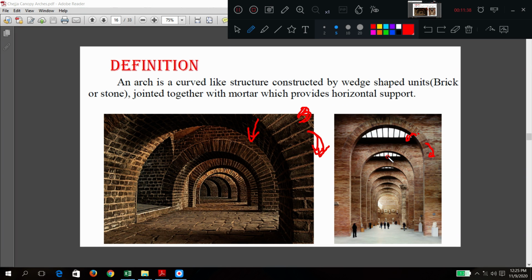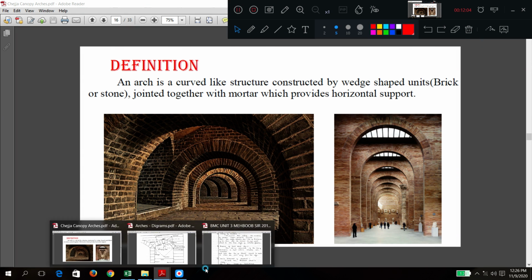It is splitting in its thickness; its thickness is distorted. Sliding means depth is distorted; thickness distortion is called rotation. This is also one type of failure.